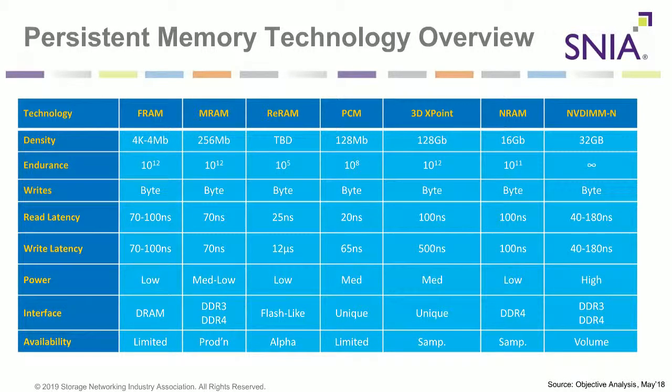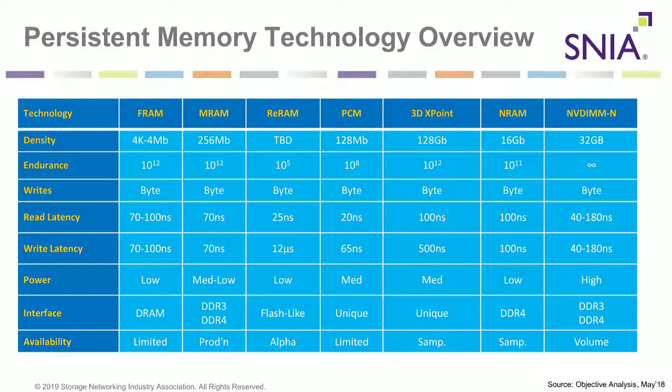So just to give you a visual view of how each of these technologies compares against each other. You can see FRAM, then there is MRAM, ReRAM, resistive RAM, phase change memory, the 3D XPoint, then the NRAM, that's the carbon nanotube RAM, and finally the NVDIMM-N.